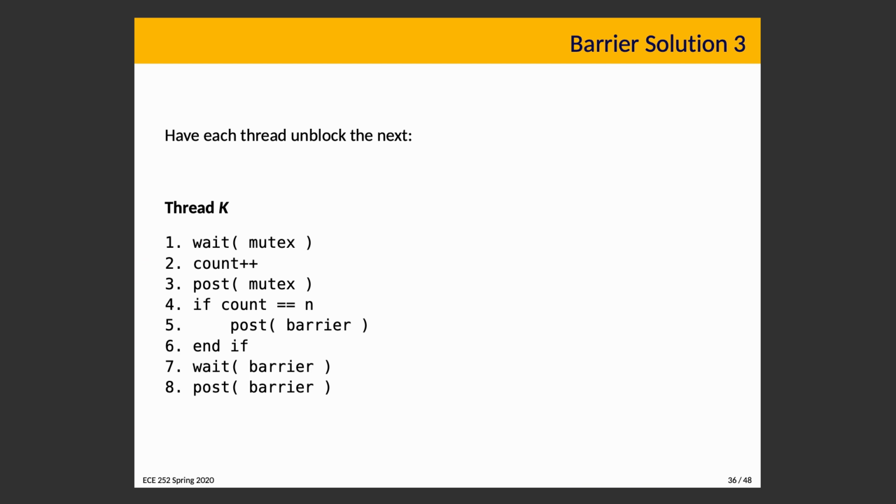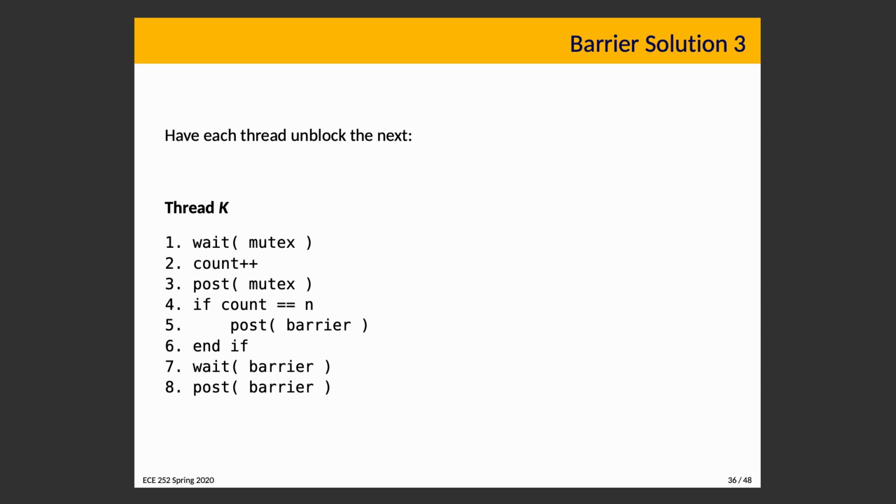And the way to do that would be to change it so that it's not the case that the last thread sends post to everybody, but instead that the thread that gets unblocked as its next action unblocks another thread.